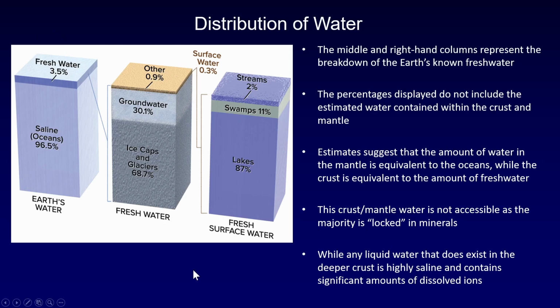So the estimates suggest that the amount of water in the mantle, like I say, is equivalent to the oceans, and the amount of water in the crust is equivalent to the total amount of fresh water that we know about.